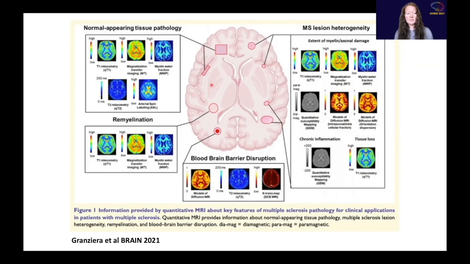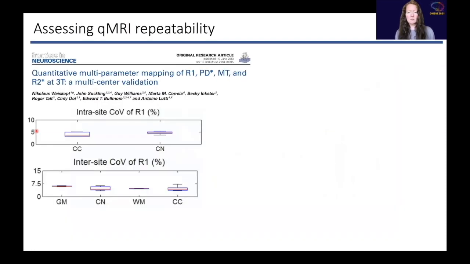Other techniques, such as T1 relaxometry, are used to assess pathology, remyelination, and also used in lesion heterogeneity. So a question that we should ask, and one that's asked in this paper, is can we make these measurements repeatable? Are these methods generalizable to other systems?